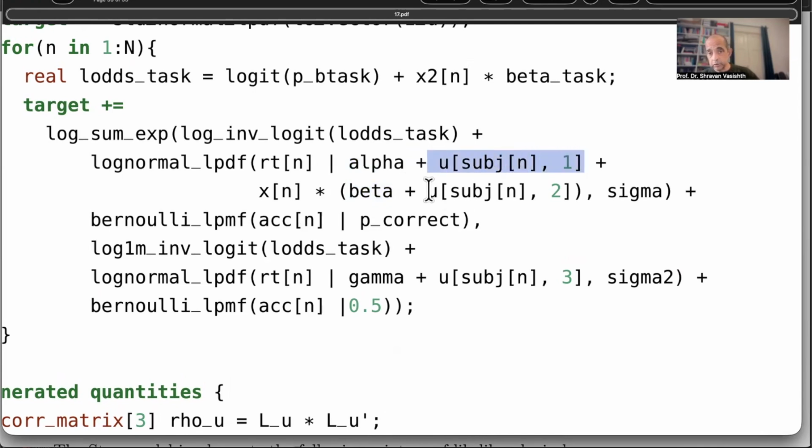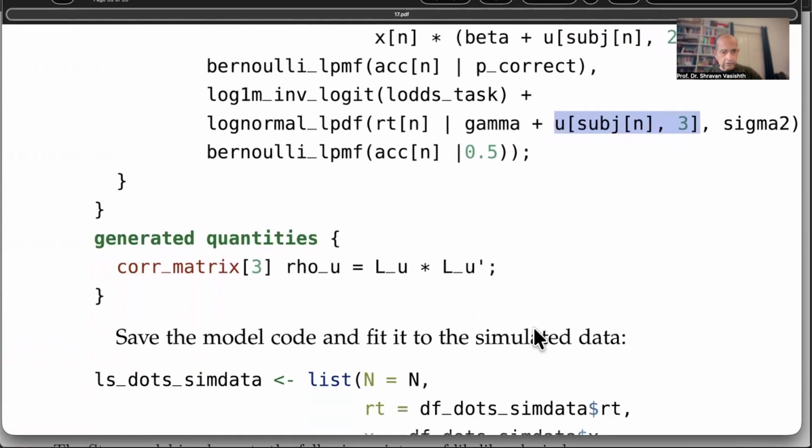Now we're just taking the U matrix, looking up the subject ID in the nth row of the data frame, extracting the first column from the U matrix to get the nth subject's intercept adjustment, etc. This is for the slope adjustment, and this is for the non-engaged case here. You see the intercept adjustment. That's it. There's nothing else that changes. It's just like little Lego blocks that you need to put in for adding hierarchical structure. Once you get used to the Cholesky factorization, it's pretty straightforward.